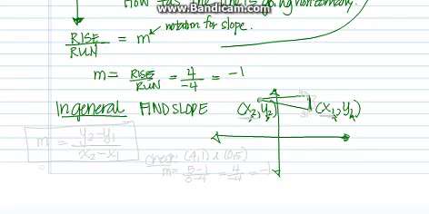Well, if I'm talking about this vertical distance here, I know that I am at y1, and this top point I know is at y2. So if I want to find this distance, I will subtract them: y2 minus y1. Now, when I go left to right, this point right here is at x1. This point is at x2. So again, to find the distance between them, I will subtract x2 minus x1.